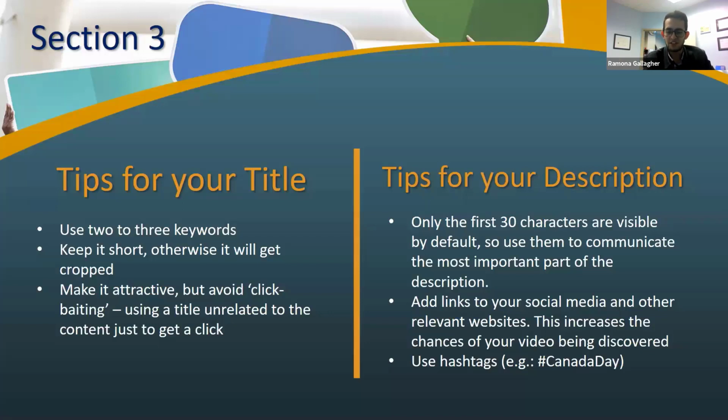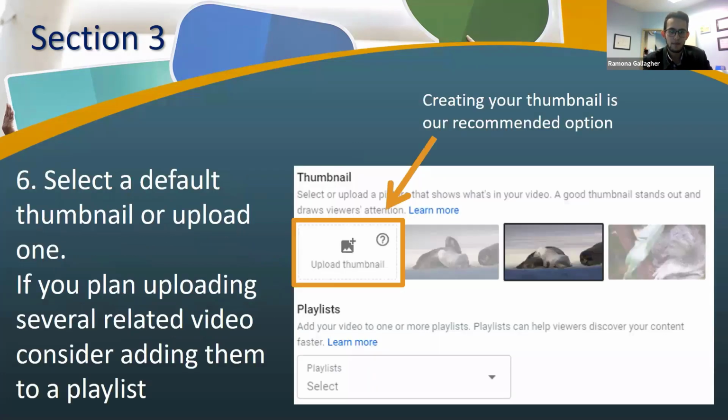So you want to use hashtags. Don't use way too many, because if you use more than 15 hashtags, YouTube is just gonna think that you're trying to use a bunch of hashtags without really representing your video, and that's gonna be penalized. So you want to avoid that.